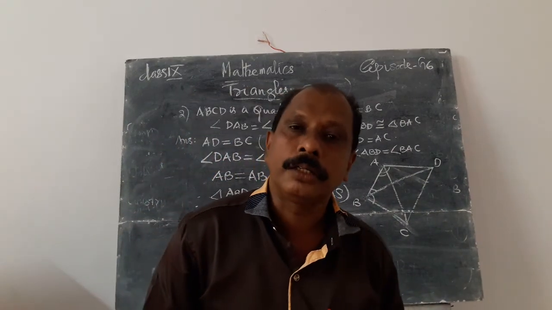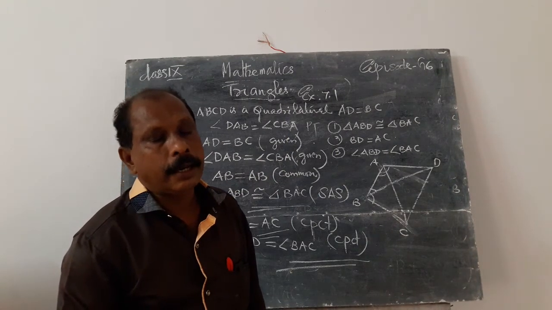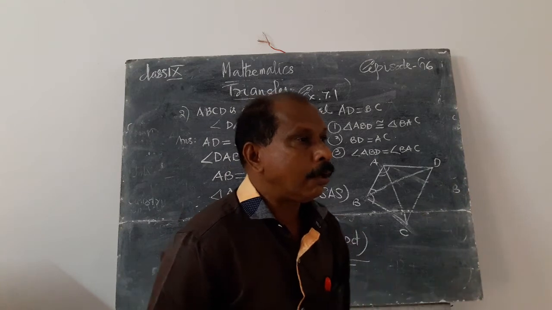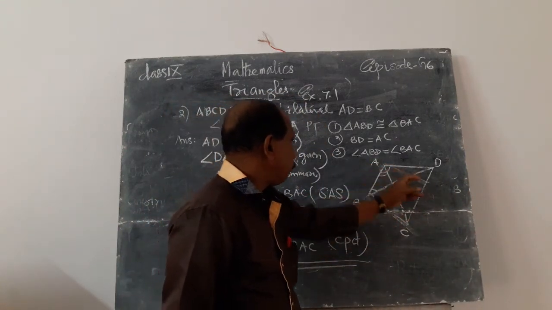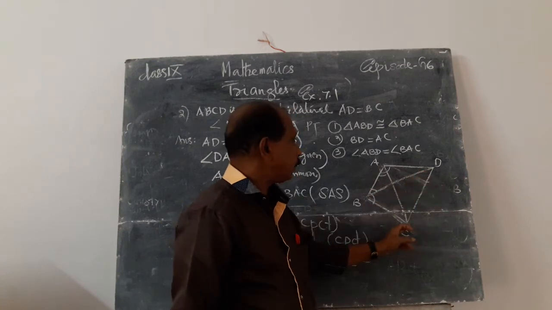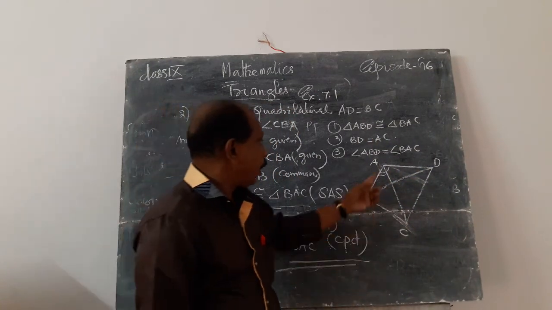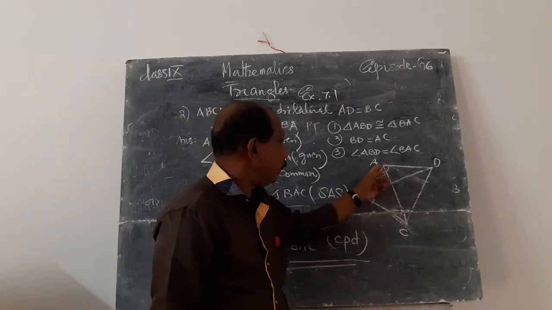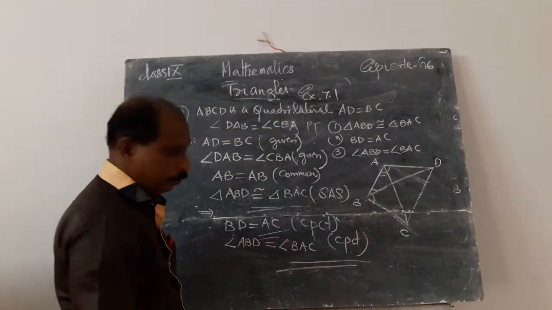Therefore, these two triangles are congruent using the side angle side criteria. Therefore, corresponding parts are equal. BD is the third side, AC is the third side. They are equal. And the third angles, angle ABD is equal to angle BAC. They are equal. That is CPCT for these two triangles.